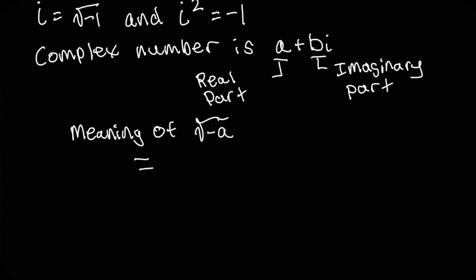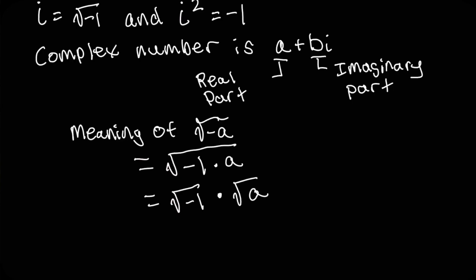Essentially what we have is -a, and this could also be defined as -1 times a, and we can further break this apart into the square root of -1 times the square root of a, and we know from above that the square root of -1 is equal to i.